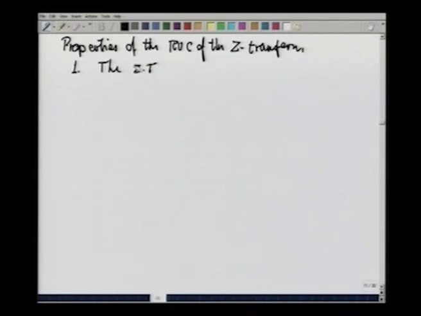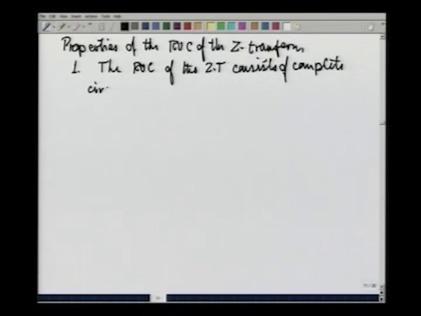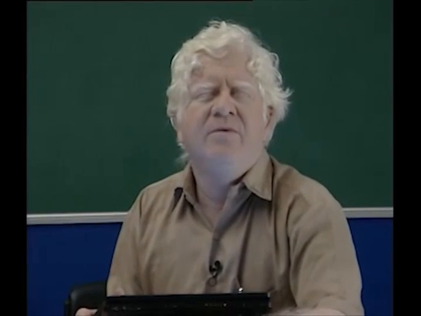the ROC of the Z transform consists of complete circles. In the case of the Laplace transform, we found that it consisted of complete vertical lines.